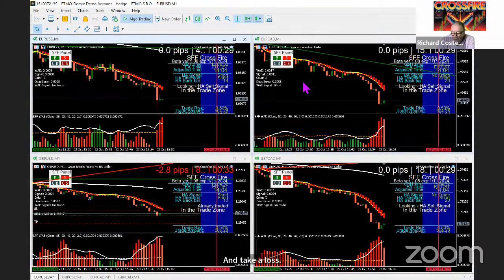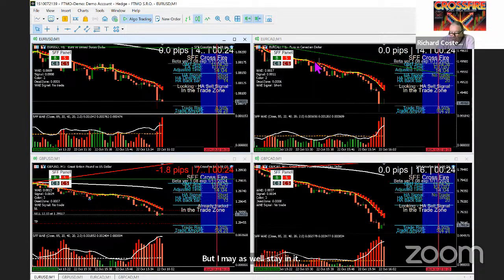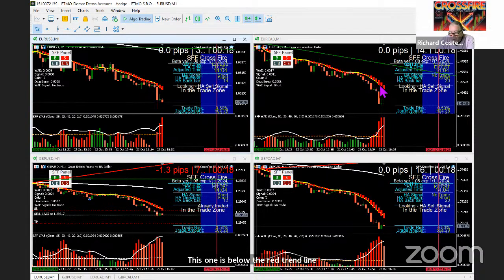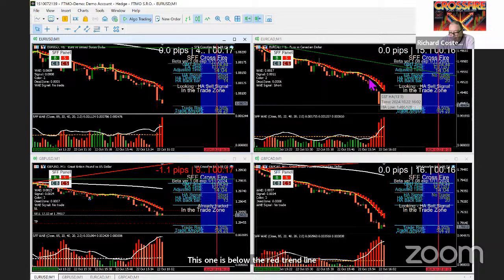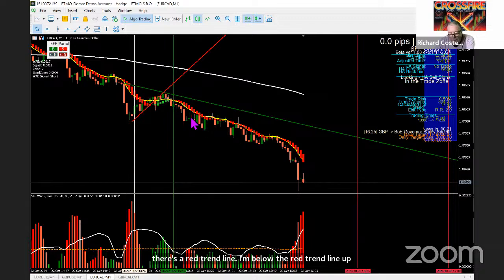I'm going to look at the other pairs. This one is below the red trend line. It's been in a sell, I'll make it bigger. So there's the red trend line, and below the red trend line, what I don't like about it is it's been red for an awful long time.